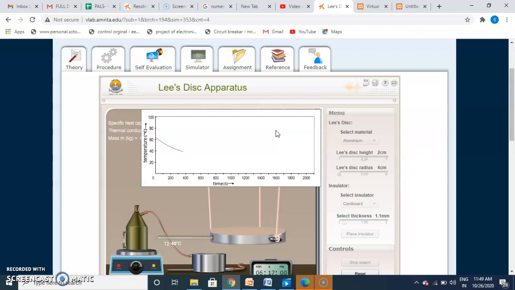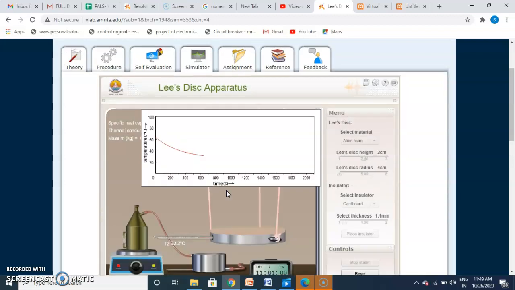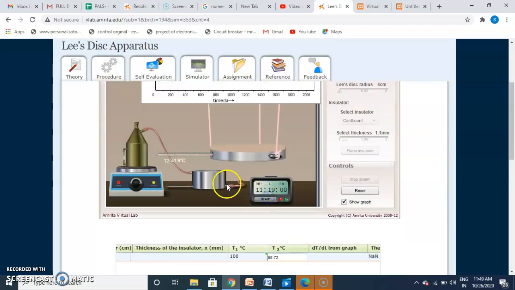From that we get the slope value, and we are going to calculate the thermal conductivity of the bad conductor. So this is enough, I'm going to stop here.